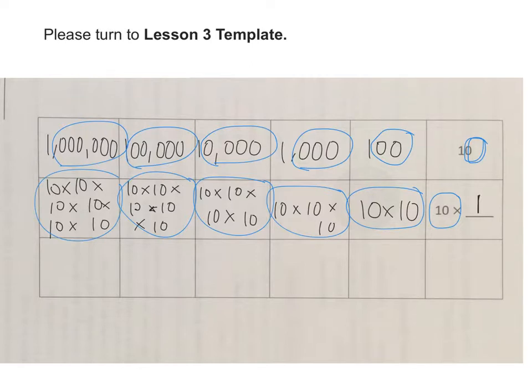At the very bottom, let's write down how many times we had to multiply by 10. So for 10, how many times do we have to multiply by 10? 1. What about for 100? 2. What about for 1,000? 3. What about for 10,000? 4. What about for 100,000? 5. And what about for 1 million? 6. 6 times we multiplied 10 by itself to get to 1 million.